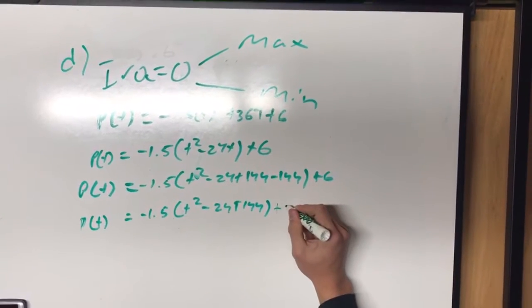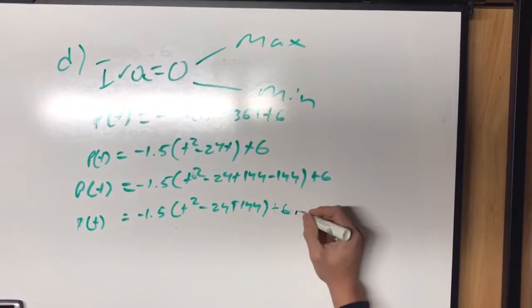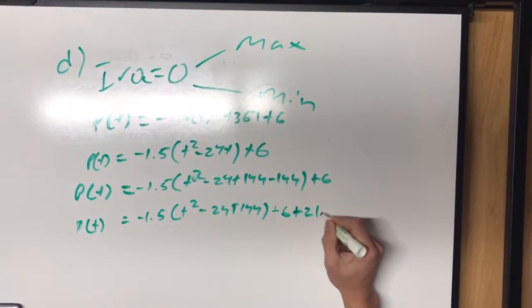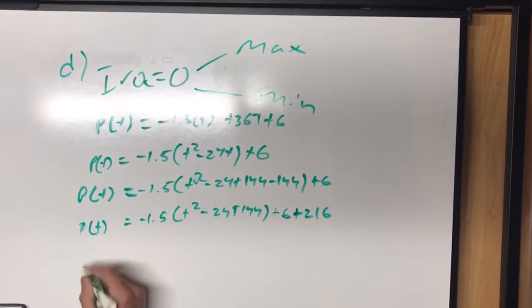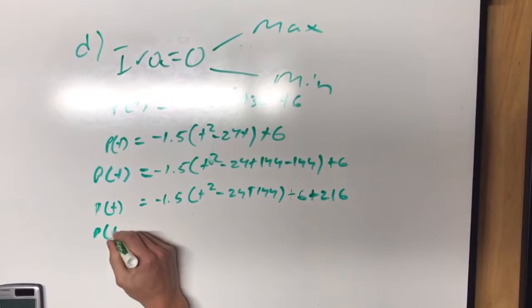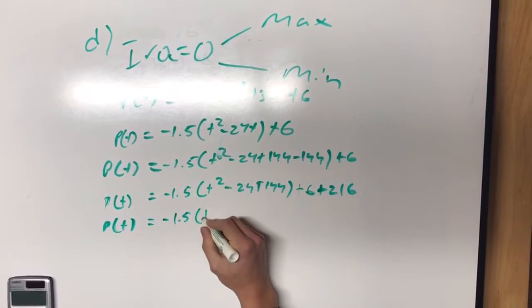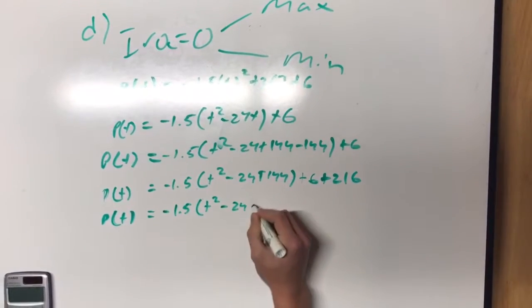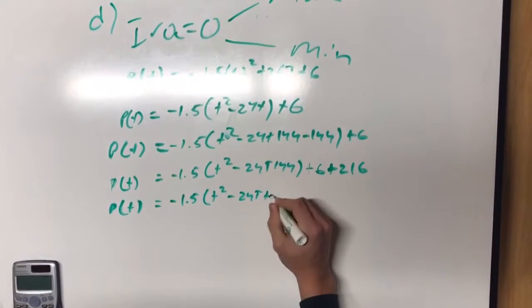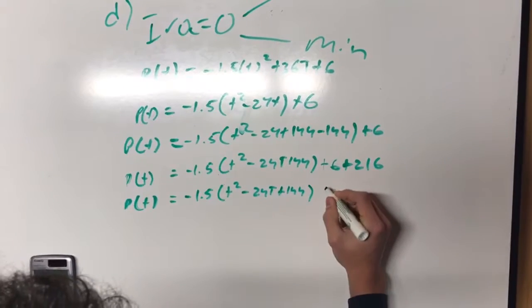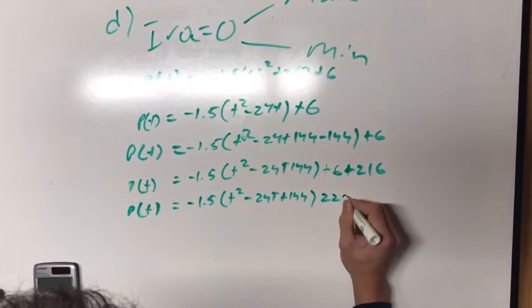So plus 6. A negative times a negative is a positive. And then it'll be like that. So now P of t is equal to negative 1.5 times the bracket t squared minus 24t plus 144, plus 222.